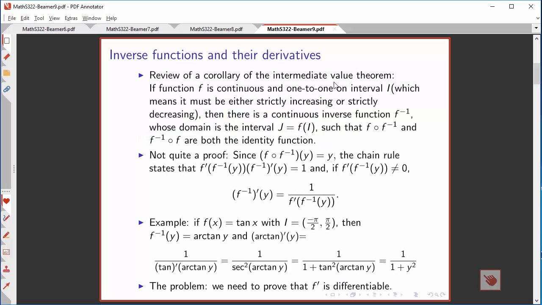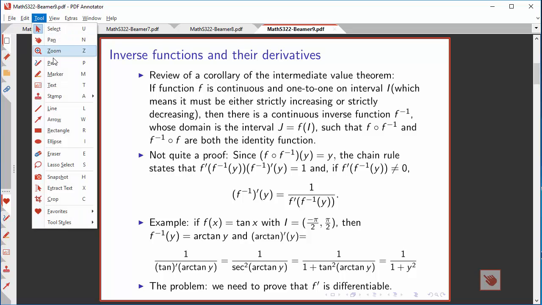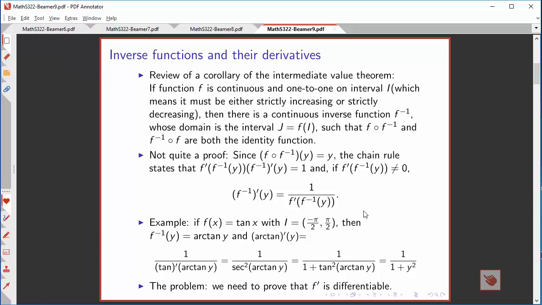First, inverse functions. I've got to remind you about a corollary of the intermediate value theorem. Suppose on some interval I, we have a function that's continuous and one-to-one.